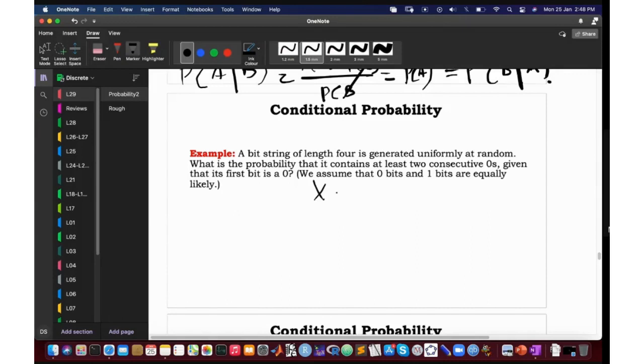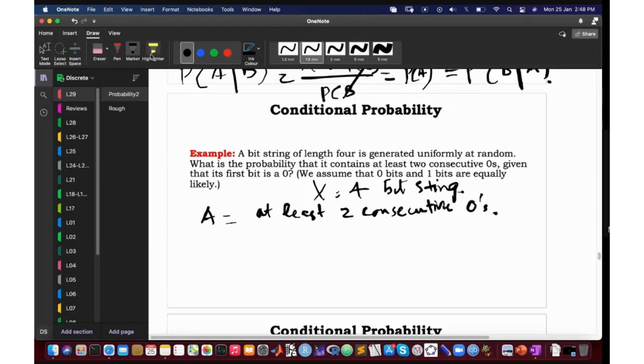So X is a 4-bit string, and you have event A, that it contains at least 2 consecutive zeros.